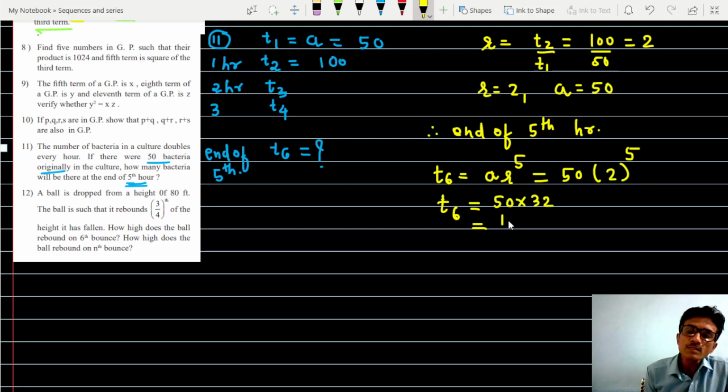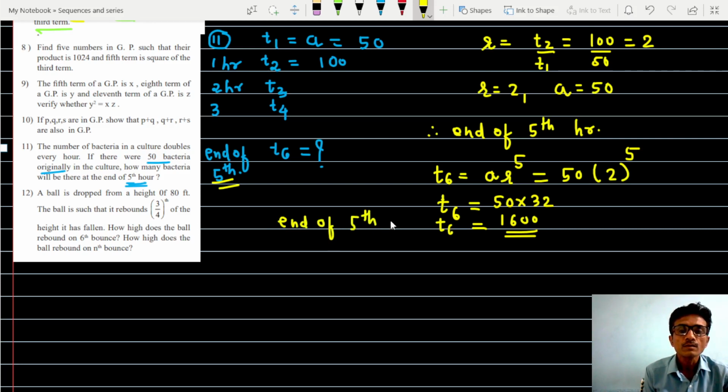It is 1600. This will be the number of bacteria at the end of fifth hour. 1600 bacteria will be there at the end of fifth hour. At the end of fifth hour means T6.